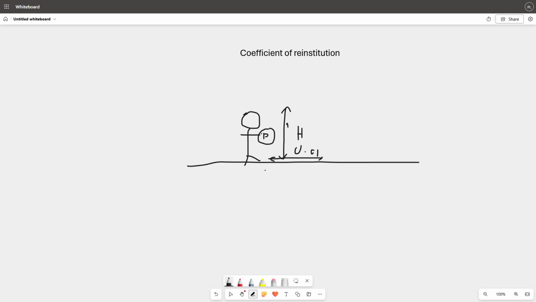Once the ball makes contact with the ground, the kinetic energy is converted into a form of heat and sound.